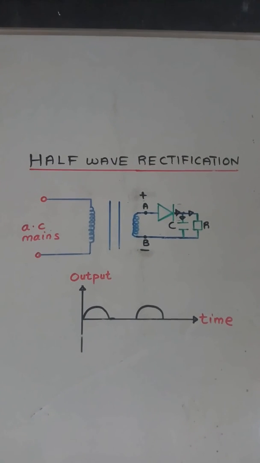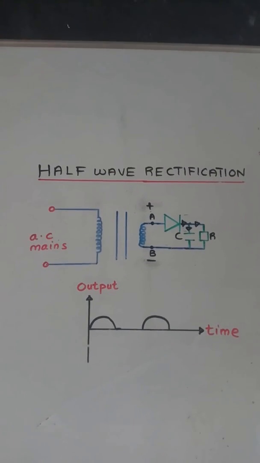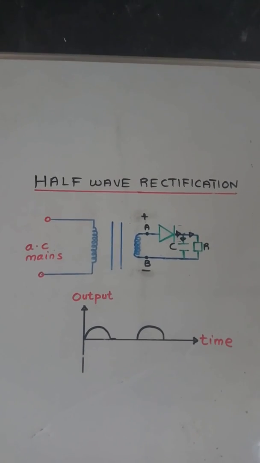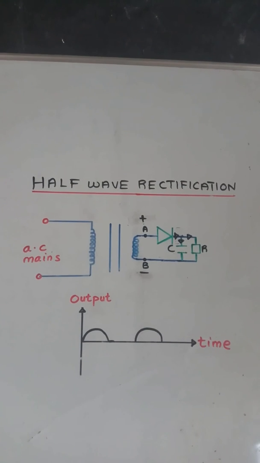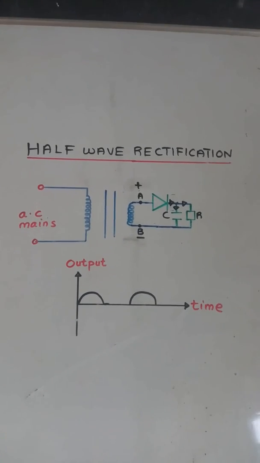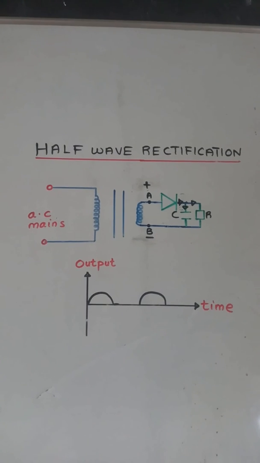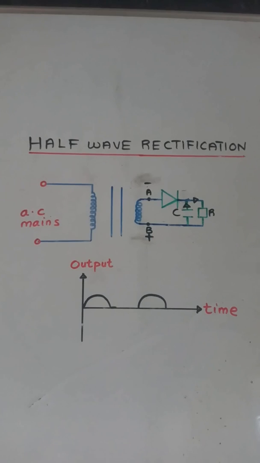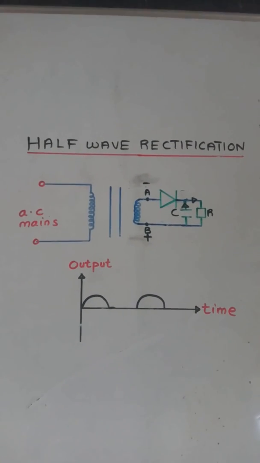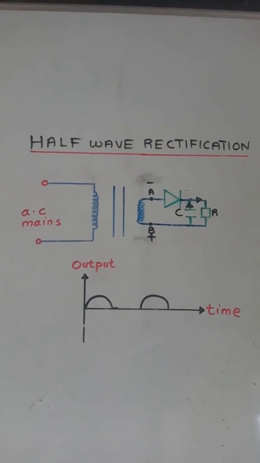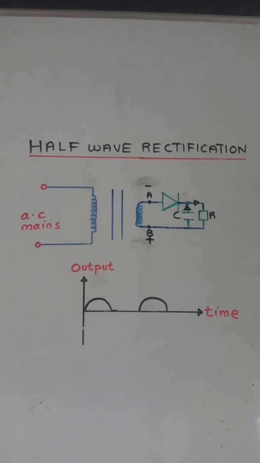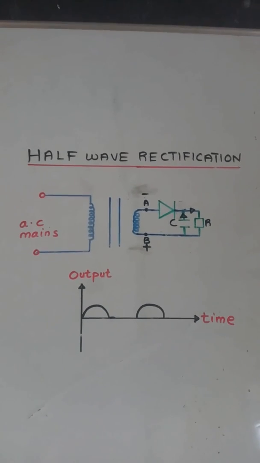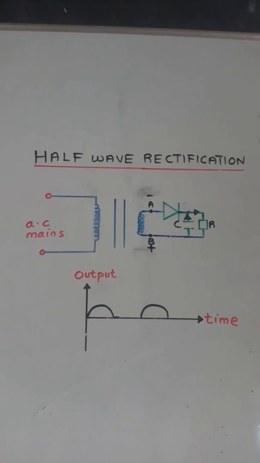The capacitor is charged during the positive half cycle of the AC when the current flows in the circuit, and discharged through the load R in the negative half cycle when no current flows in the circuit.